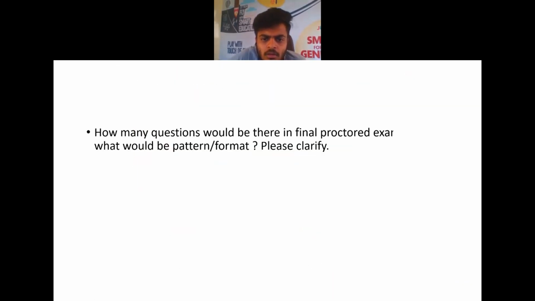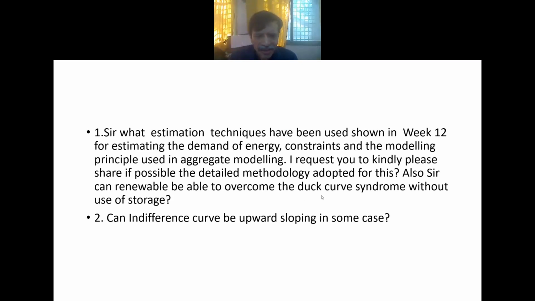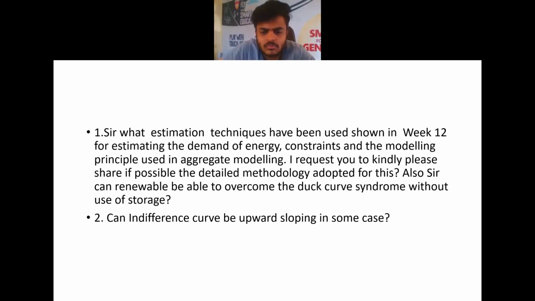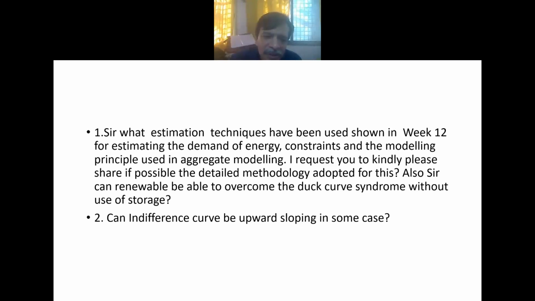So this was the first question. The second was, can renewable energy overcome the duck curve syndrome without the use of storage? Essentially, the basic thing which happens with the duck curve is, if you have a supply mix with a large amount of solar photovoltaics in it, then during the evening, when the PV goes down, there is a drop in the supply, and that has to be met by the rest of it.